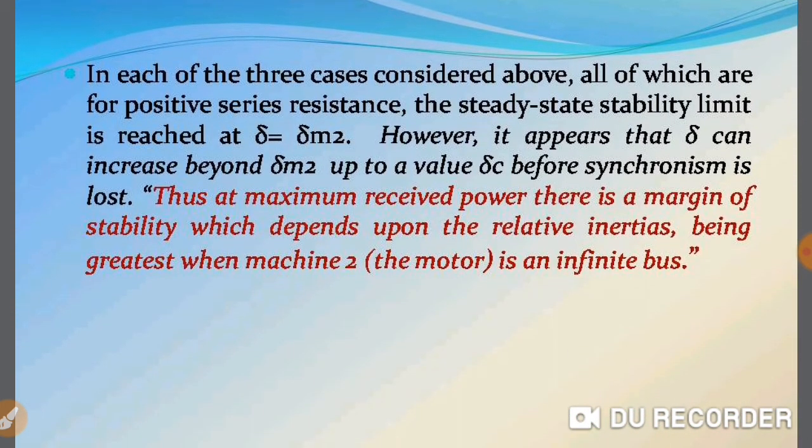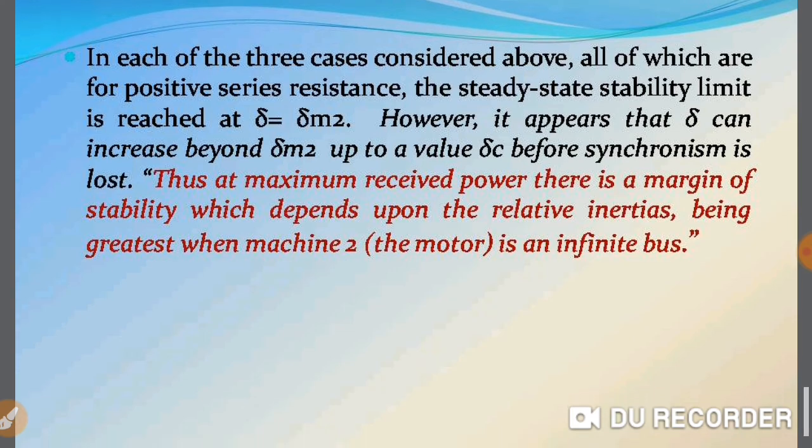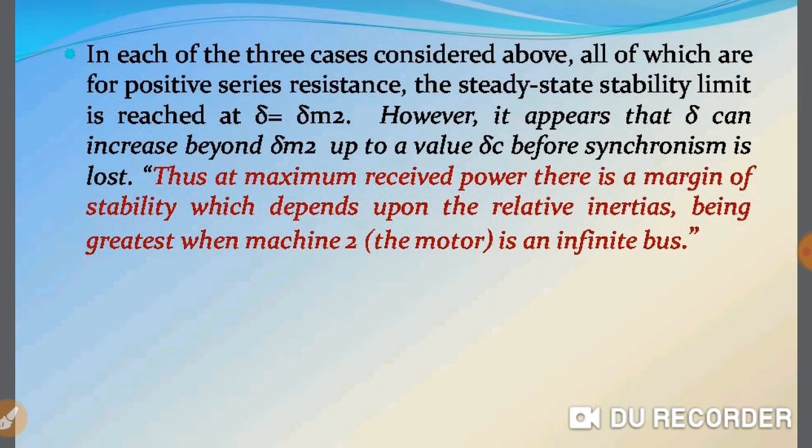So all the three cases we have considered above were for the positive series reactances, and the steady state limit was reached at del equal to del m2, which we considered as the minimum limit of del. Hence it appeared that del can increase beyond del m2 only up to a value of del c, the critical angle, before the synchronism is lost, because after that the synchronism of the machine will be lost.